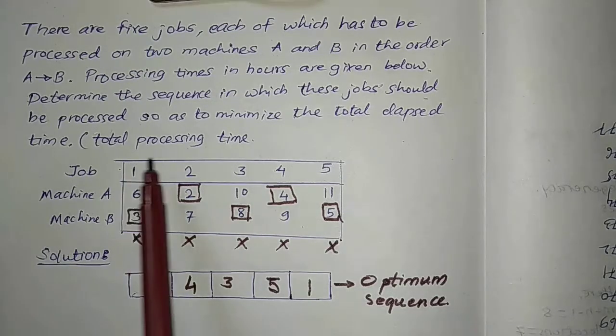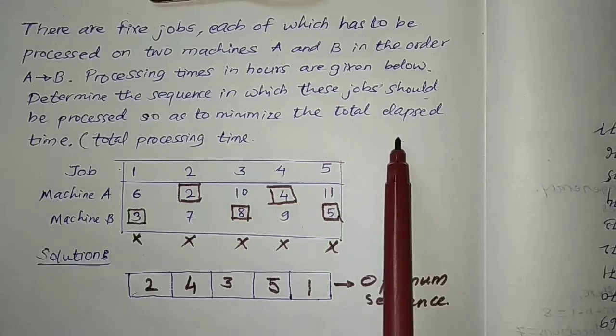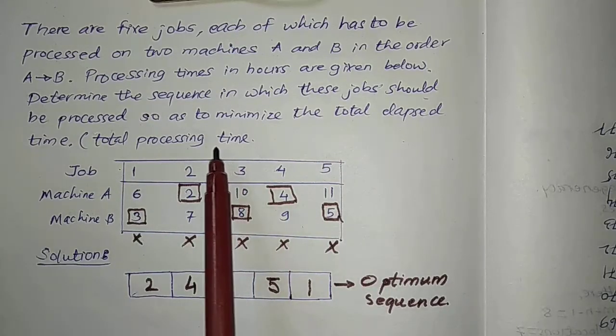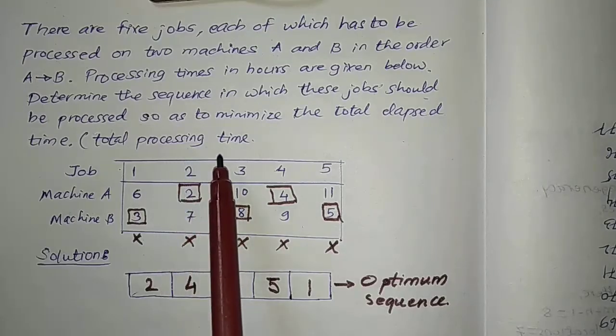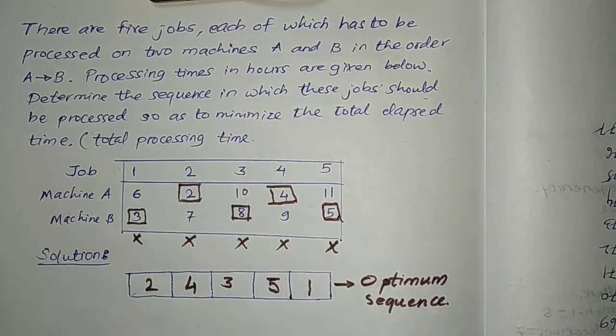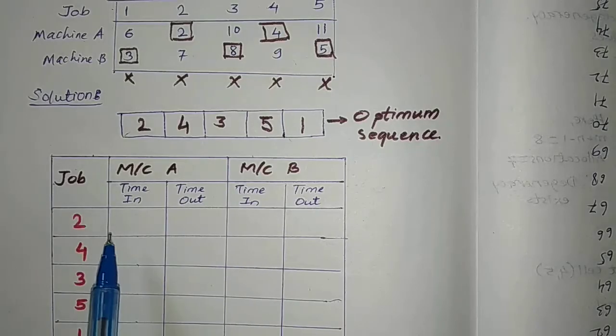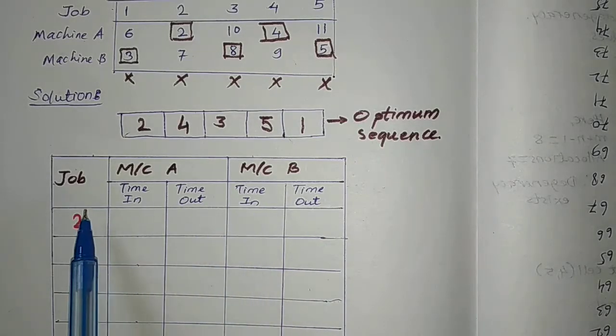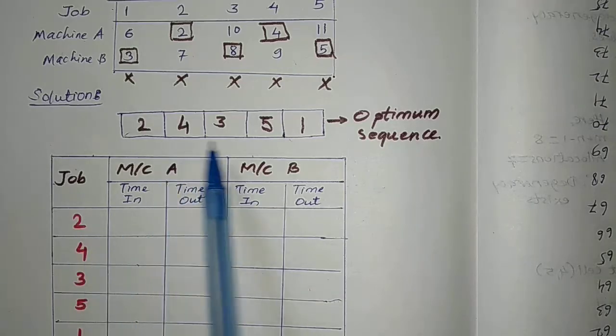Now let us prepare a table for determination of total elapsed time or total processing time. So this step is again very simple if you look at it interestingly. Friends, to determine the total elapsed time, I have prepared a table here where I have written the optimum sequence of jobs as 2, 4, 3, 5, 1.